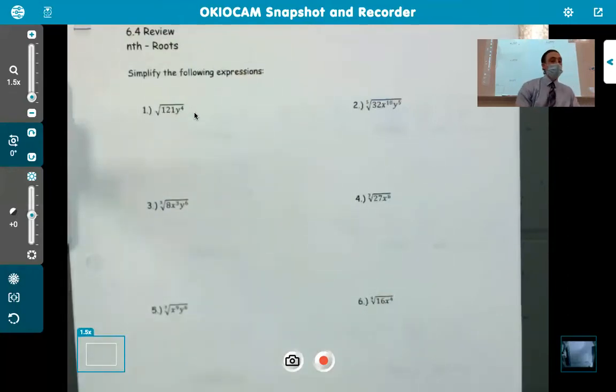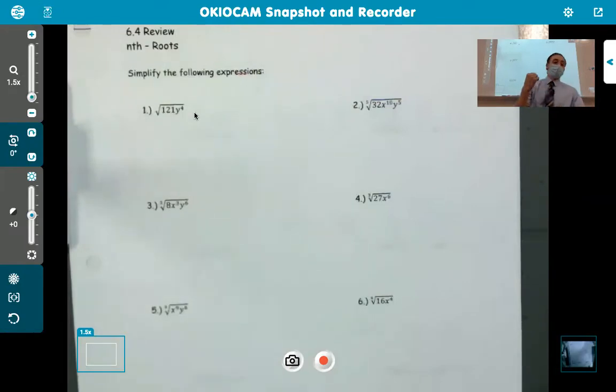We're just simplifying these expressions. This is one of the first concepts we talked about in chapter 6. The first thing we need to do is make sure we identify our index. We had three steps for this. Identify the index, take that root, whatever the index is telling us, of a constant term inside my radical, and then work with anything that has an exponent with variables.